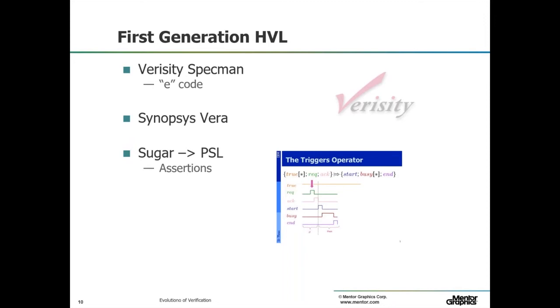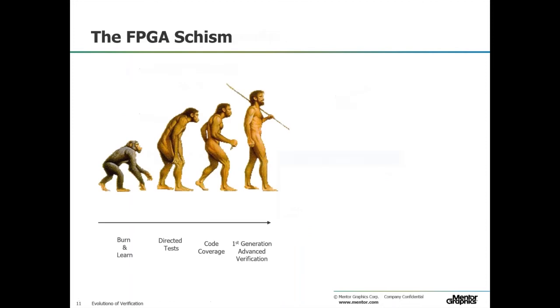If that tool went out of business, your infrastructure would go down. So there was a lot of concern, and that limited the adoption of these hardware verification languages, but it was our next step in the evolution, this first generation of advanced verification.